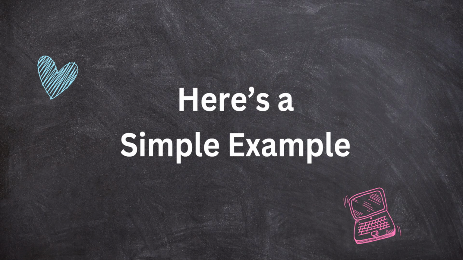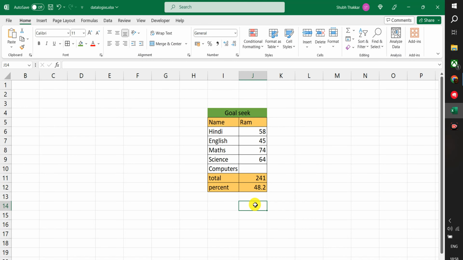Okay, so here's an example of goal-seek analysis application. I've already made this where we have the name of the student and their marks.